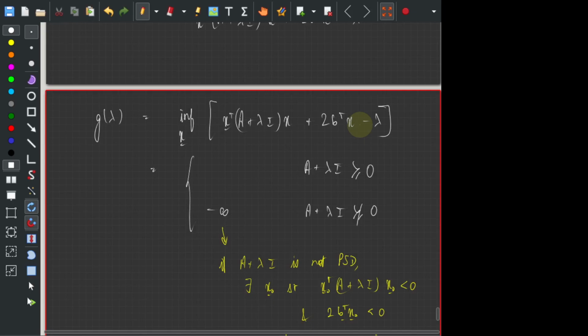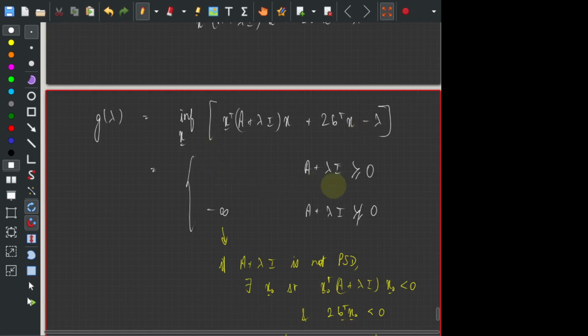Why not? Suppose A is not full rank. A is a full rank matrix. Okay. Let's see.